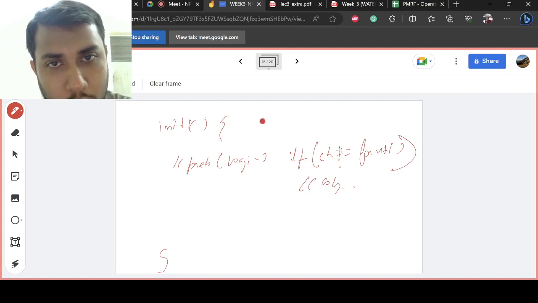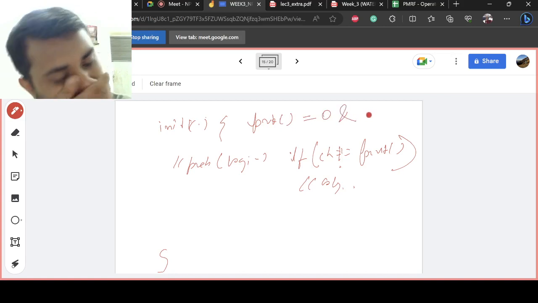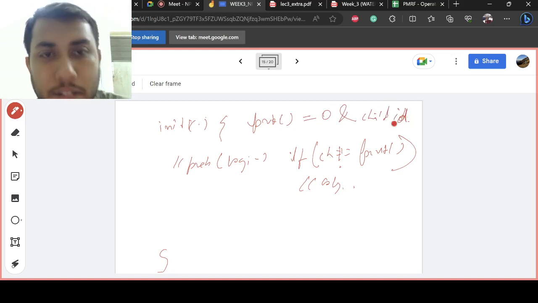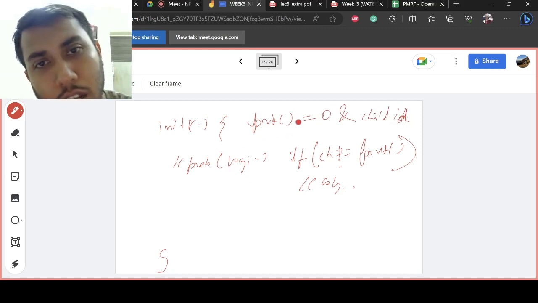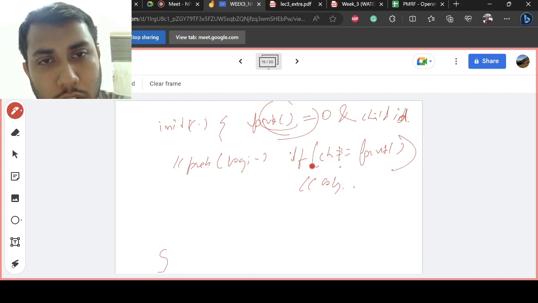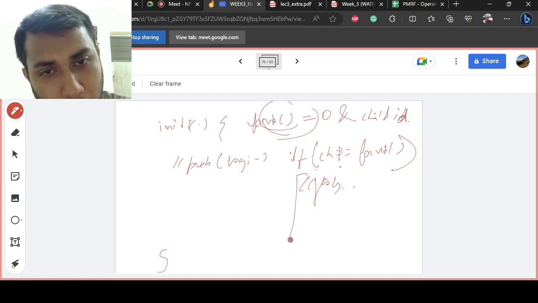What does this mean? When you do a fork, it returns either a 0 or a child's id, right? So when init does this login fork, it creates the login process.